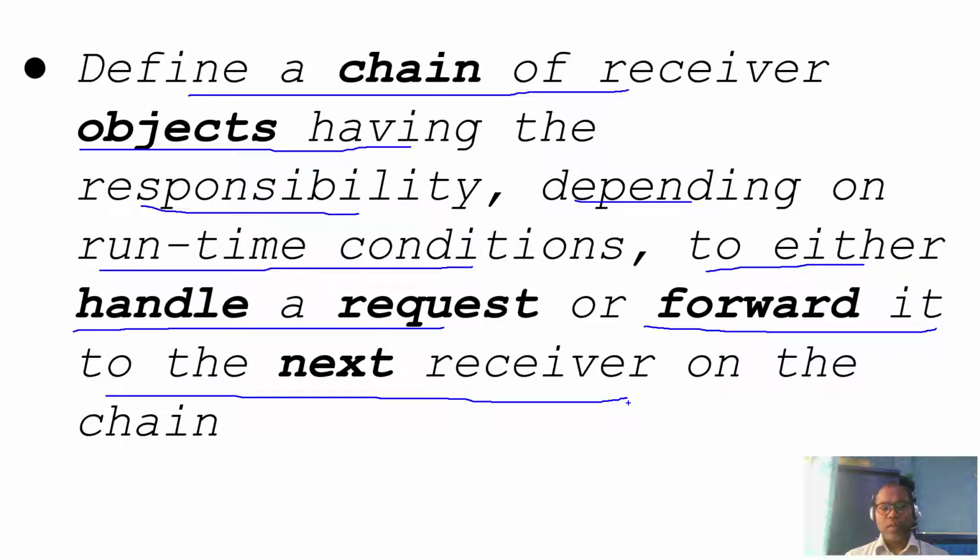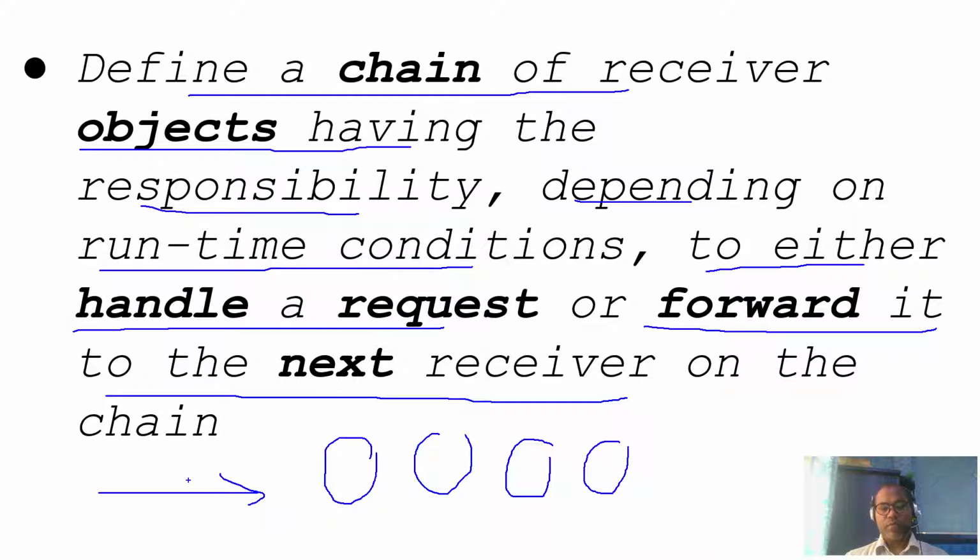So this pattern says we can define a chain of receiver object 1, object 2, object 3, object 4. Whenever a request comes, it is handled by receiver object 1, 2, 3, or 4. We don't know which, it depends upon runtime conditions.